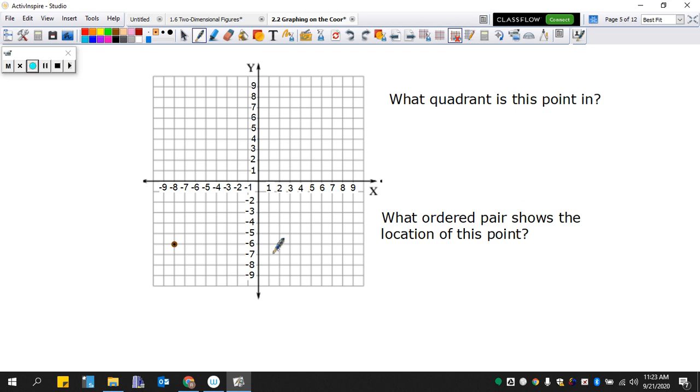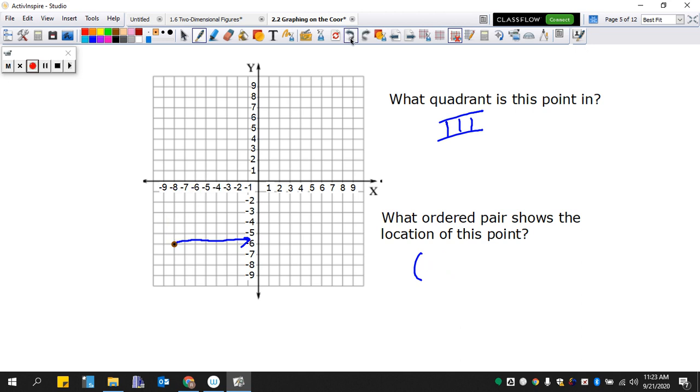How about this one? Well, it's in the bottom left. 1, 2, 3. So this is in quadrant 3. And for the ordered pair, I look at the x value and bring it over. Whoa, I just made a mistake.